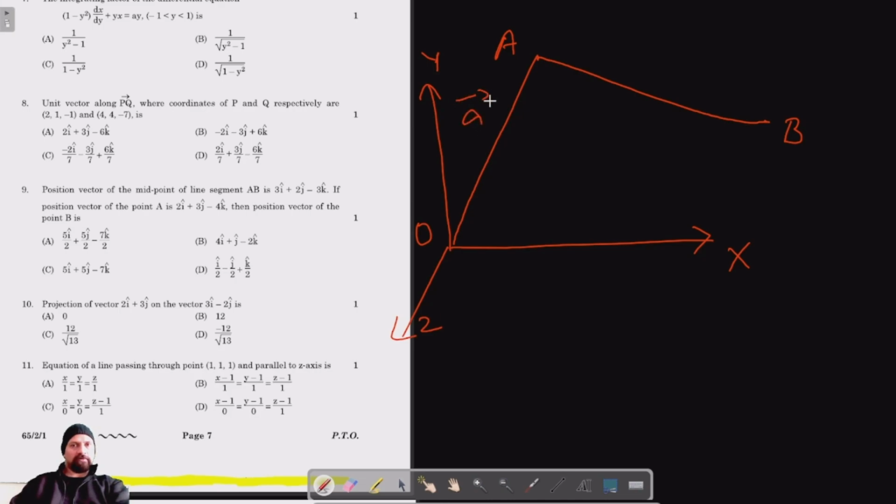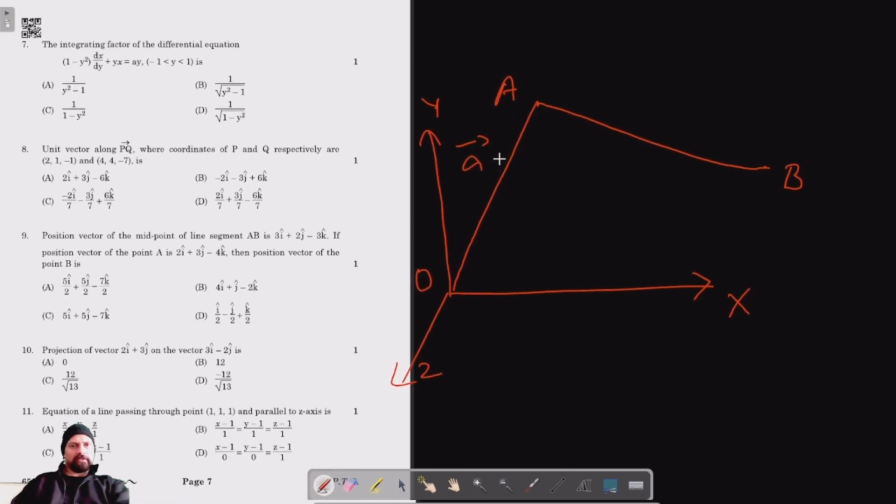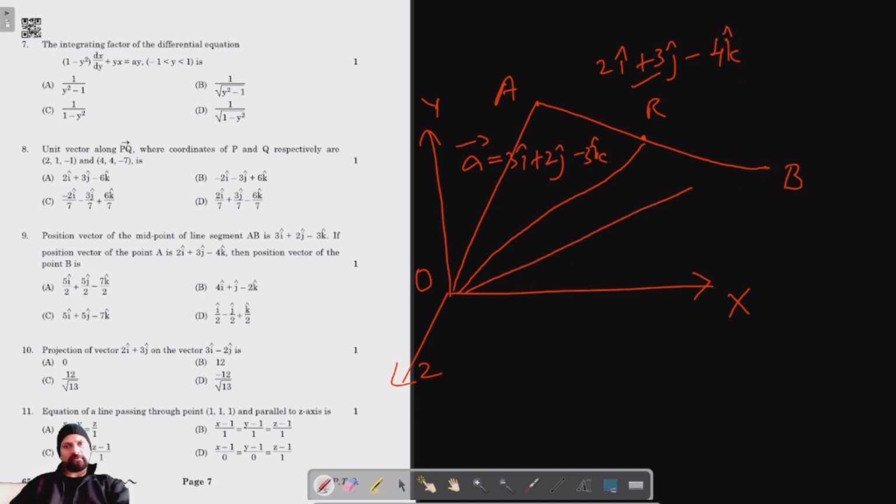Let's say R is the midpoint of the line segment joining AB, and the position vector of R is given. We have to find the position vector of B.